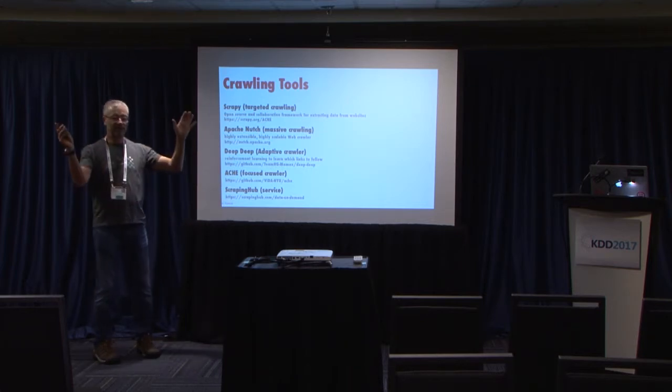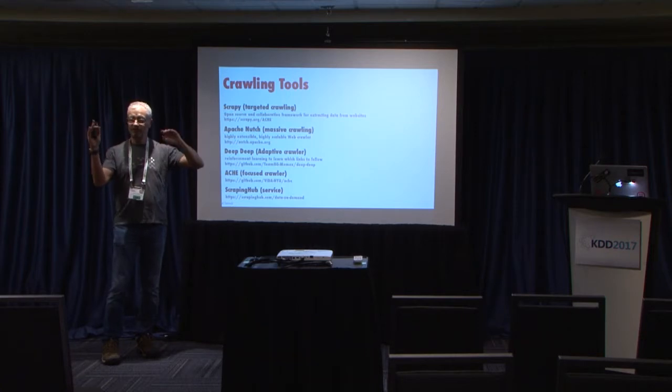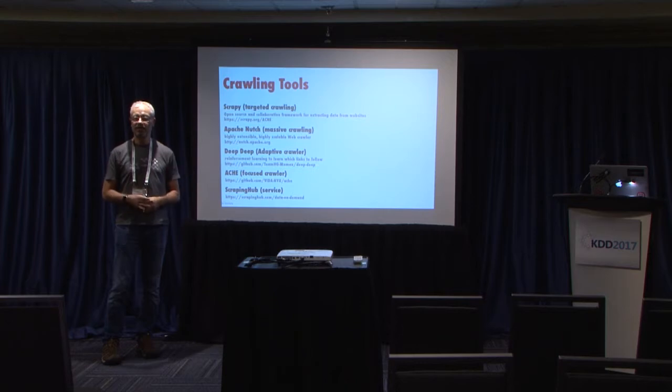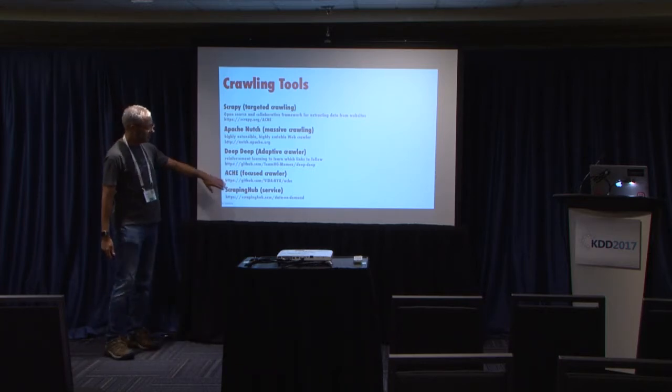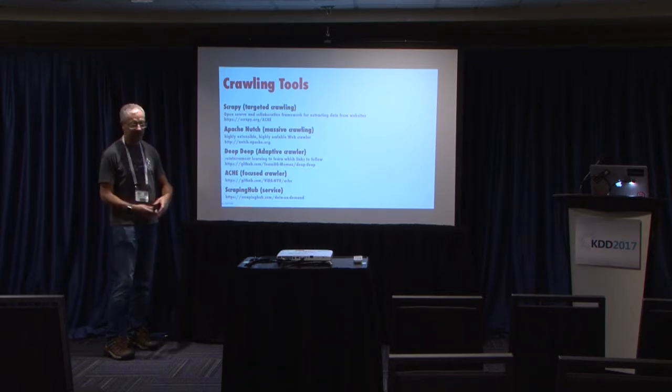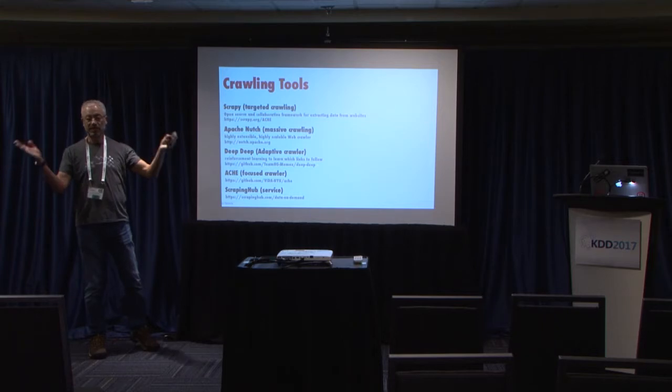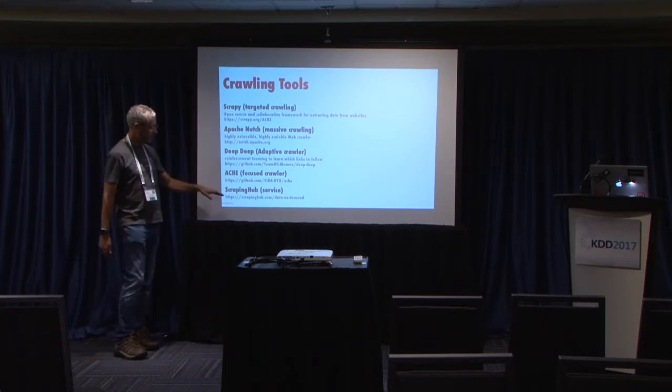So it'll try to get a broad view of what kinds of sites exist, and the user can say, this particular site I want to download every page from. ACHI is another focused crawler that, similar to this one, can also do domain discovery and then can go deep in some sites.